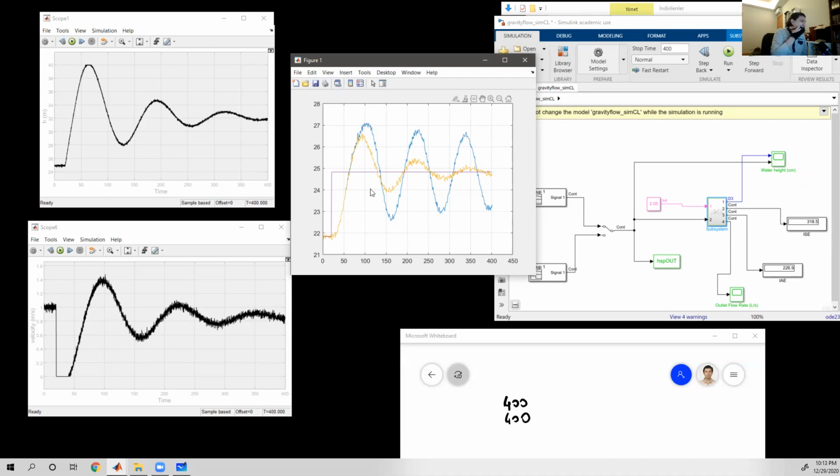The second thing that we need to consider is the so-called decay ratio. Decay ratio is the ratio between the second peak and the first peak. There's usually something called the 1/4 ratio or 1/4 decay ratio.